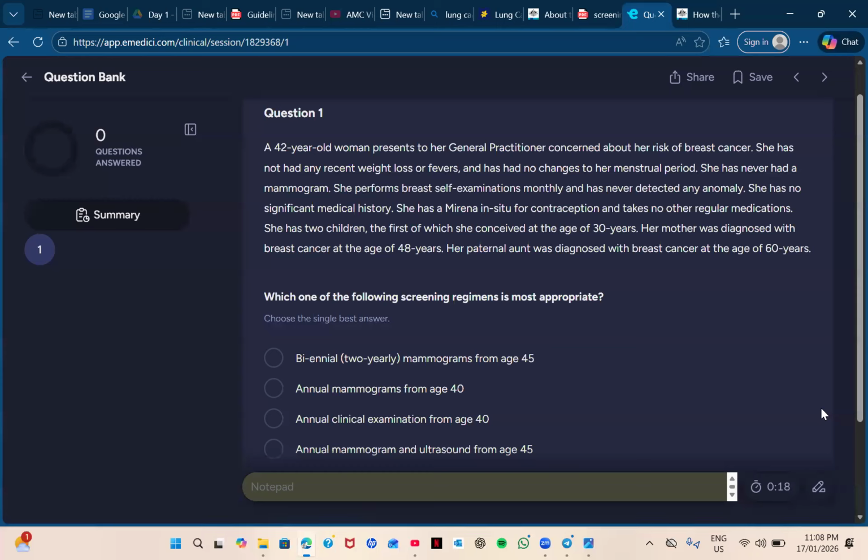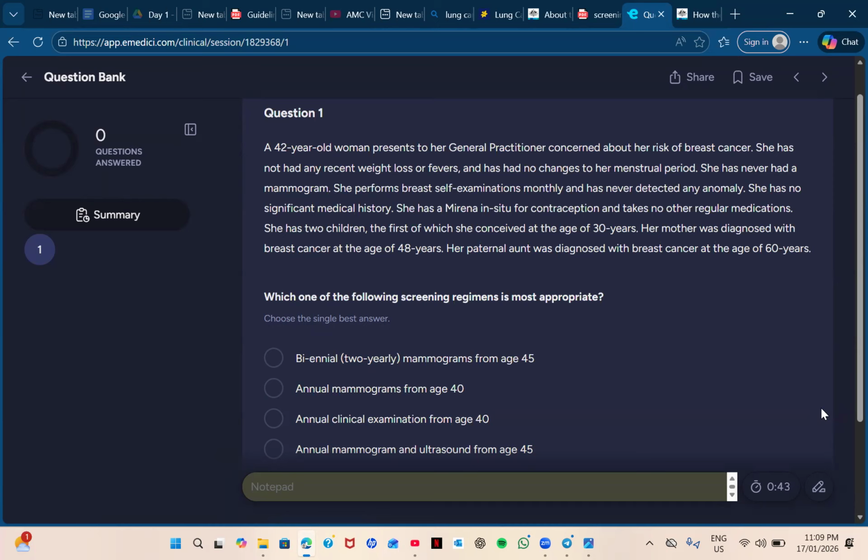She performs breast self-examination monthly and has never detected any anomaly. She has no significant medical history, and she has a Mirena in situ for contraception and takes no regular medications, and she has two children, the first of which was conceived at the age of 30.